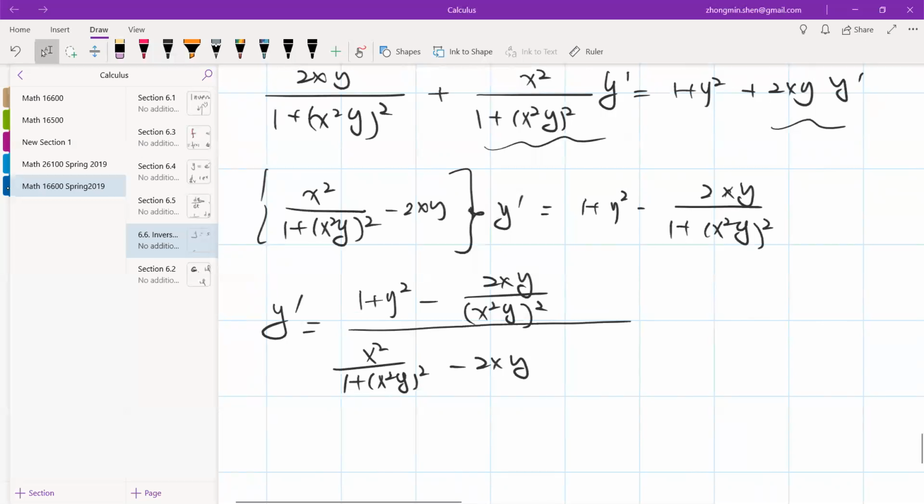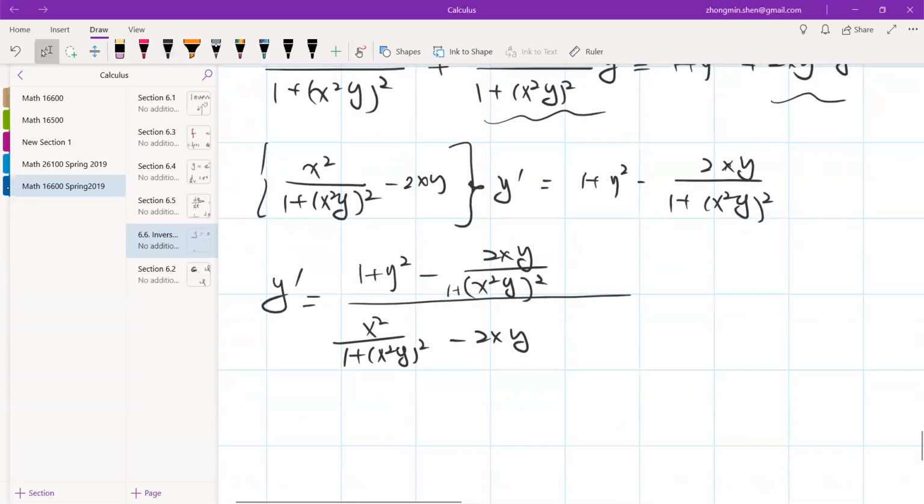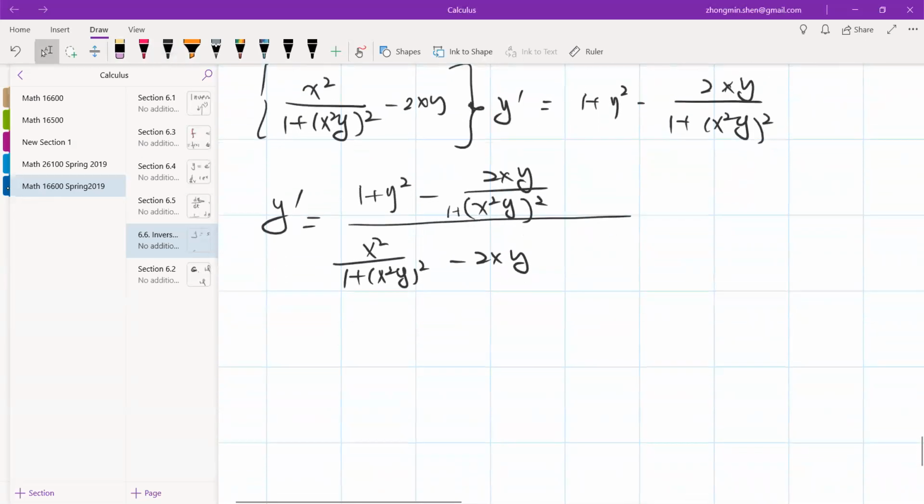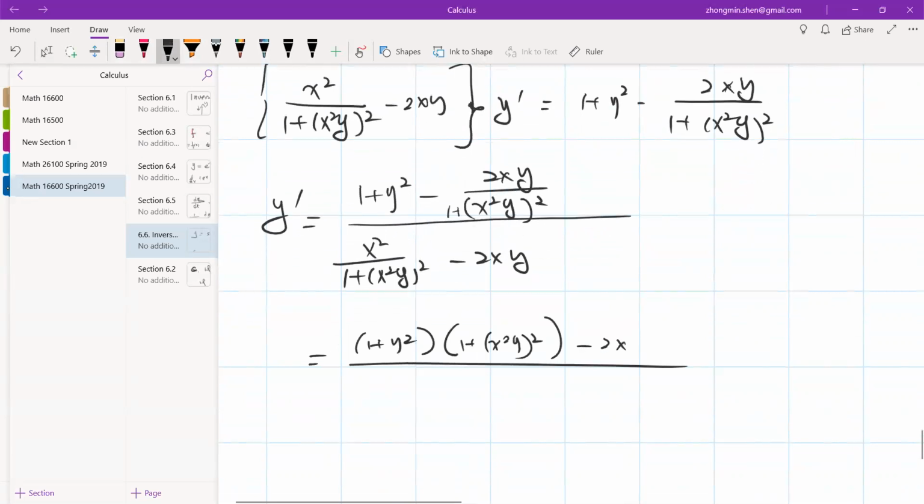So with this common denominator, you have to at least write it down like this. It's 1 plus x squared y squared minus 2xy, and this is x squared minus 2xy, times 1 plus x squared y squared.